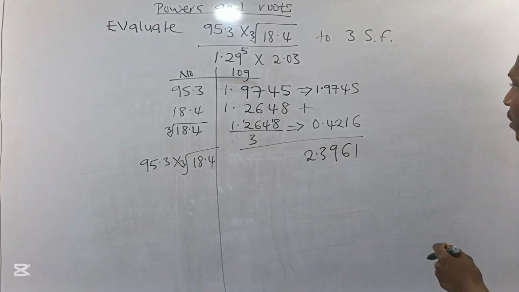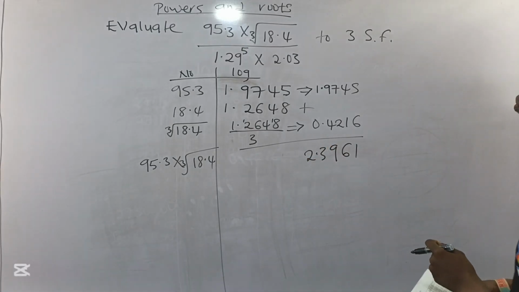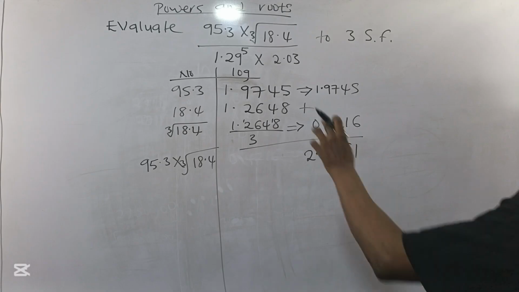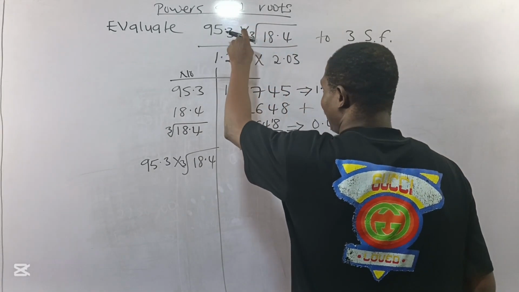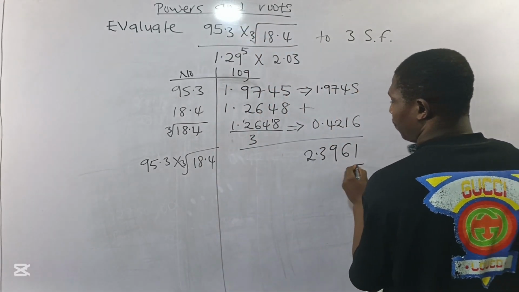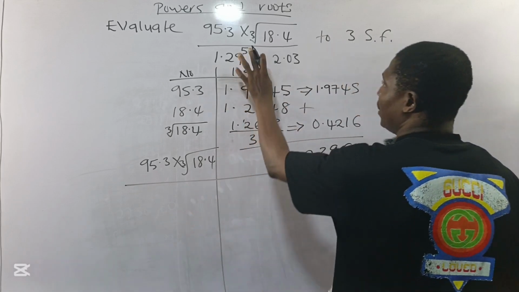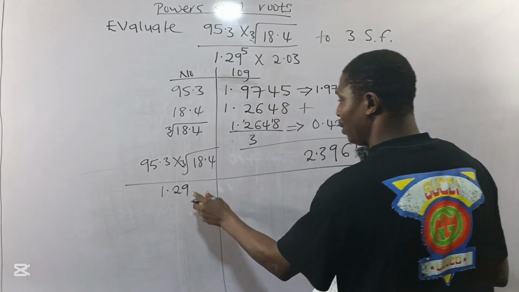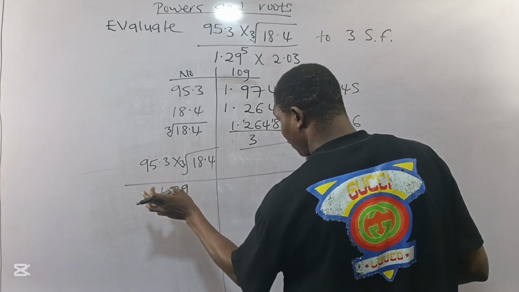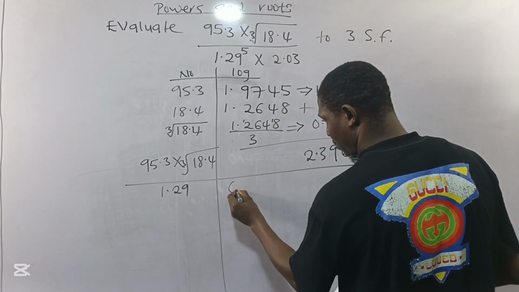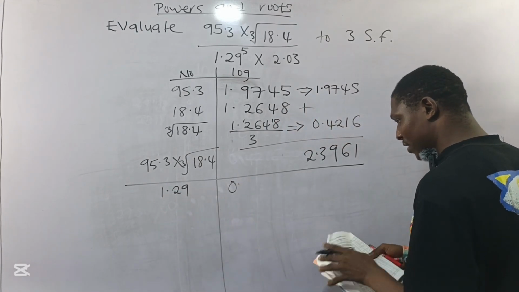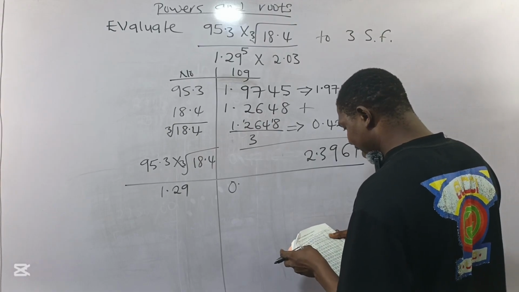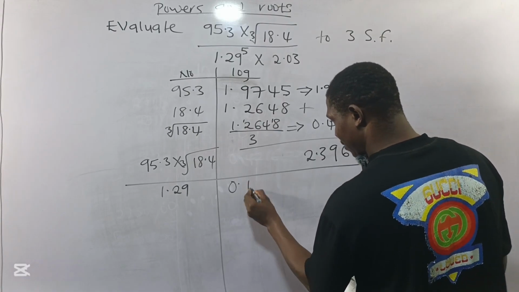So we have 2.3961 as the sum because of the multiplication. Then we'll now go for the denominator. We have 1.25. 1 digit before a decimal point simply means 1 times 1, which is what? 0. So we have 12 under what? 5. 12 under 5 is 1106.